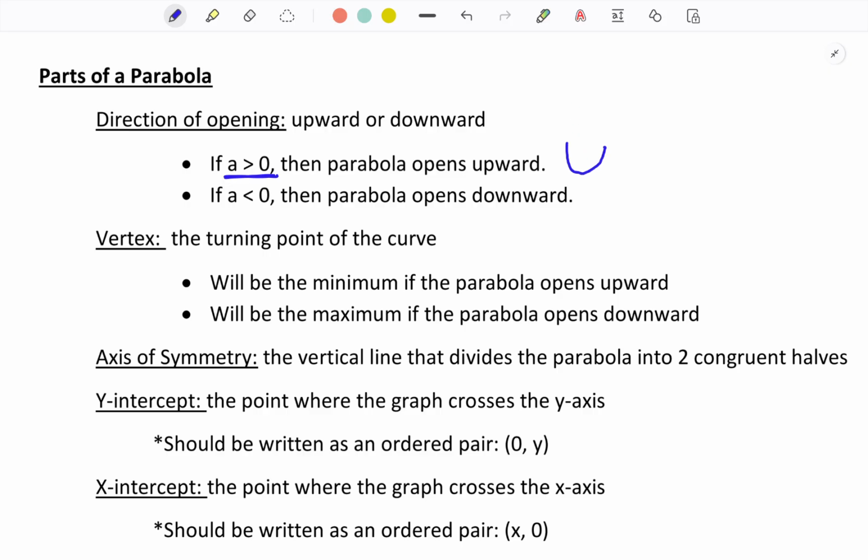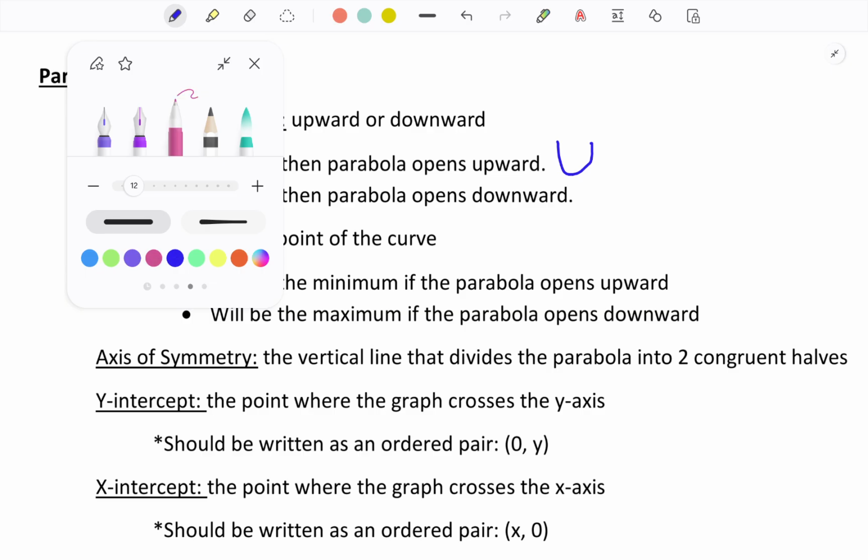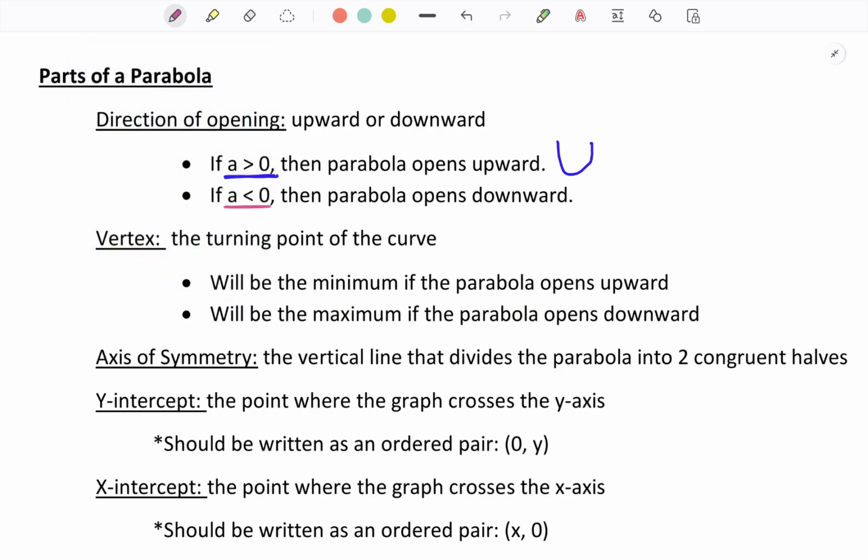So remember, if you're positive, more than likely you're happy. So you should have an upward facing parabola. And if you have an a that is less than 0, so it is negative, it's going to be a sad face and open downward.